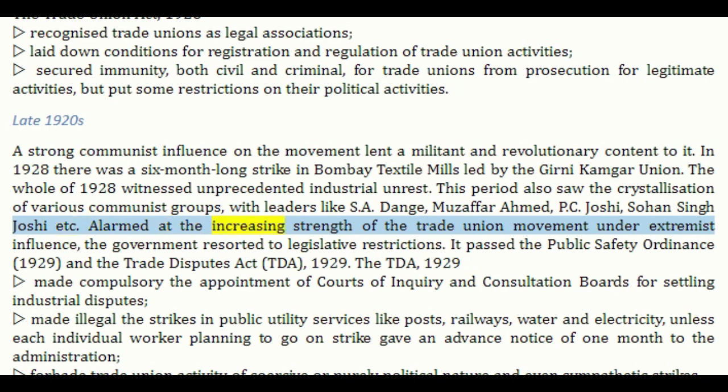Alarmed at the increasing strength of the trade union movement under extremist influence, the government resorted to legislative restrictions. It passed the Public Safety Ordinance, 1929, and the Trade Disputes Act, TDA, 1929.